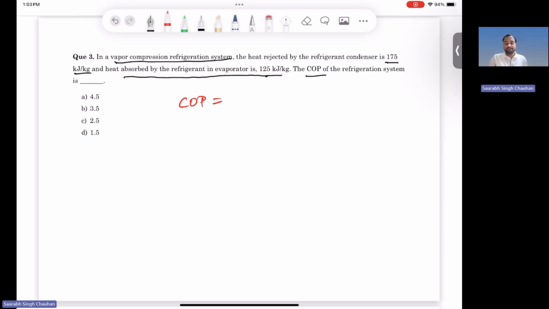Okay, so in case of a refrigeration, your target is to remove the heat. Okay, so how much heat is being removed, that is your desired output. So how much heat you are removing, Q out, divided by how much work you are providing.